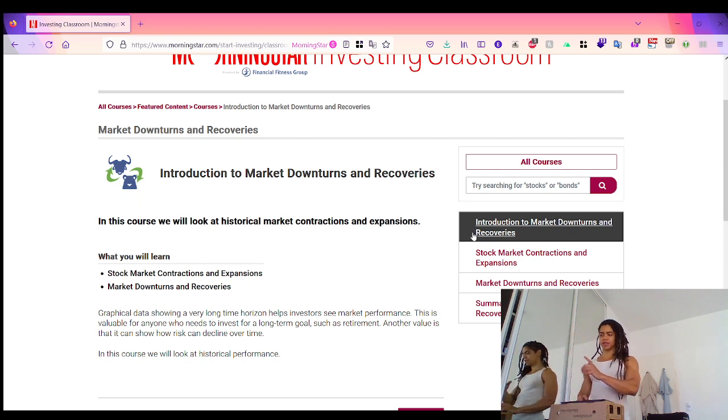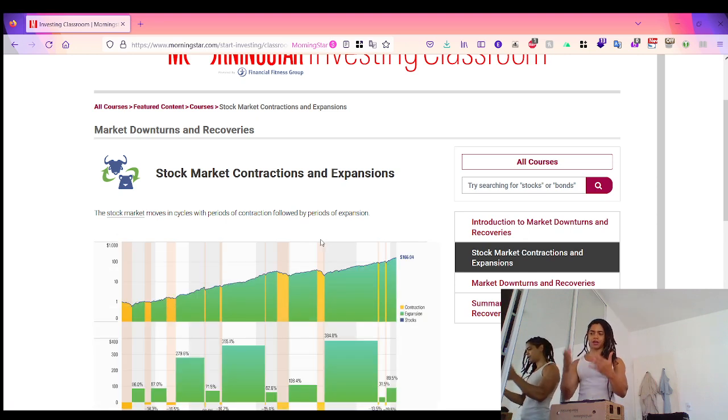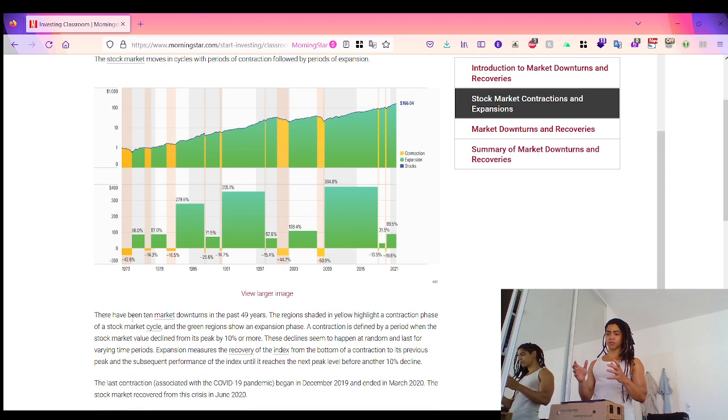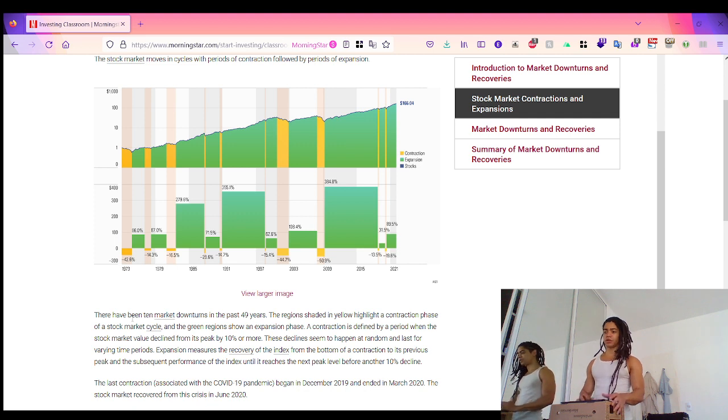So I look at the stock market contraction and expansion in the last 49 years, from 1973 to 2021. Actually, that's 47 years. No, it's 48 years.